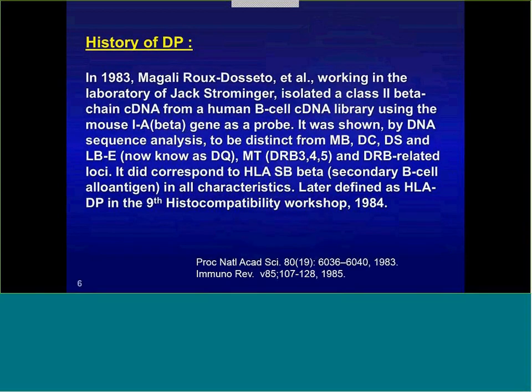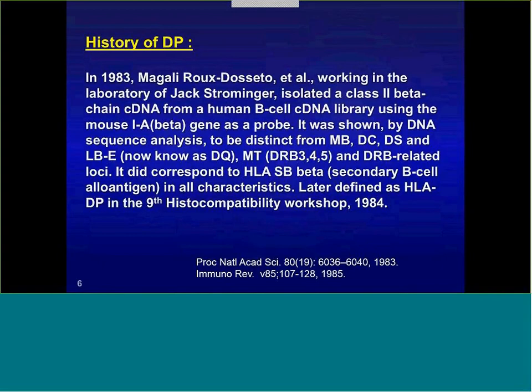In 1983, there was additional data coming out of Jack Strominger's laboratory. Using the most sophisticated techniques available at the time, a class II beta cDNA chain from a human B-cell cDNA library was probed with a mouse IA gene, which is a mouse class II probe.